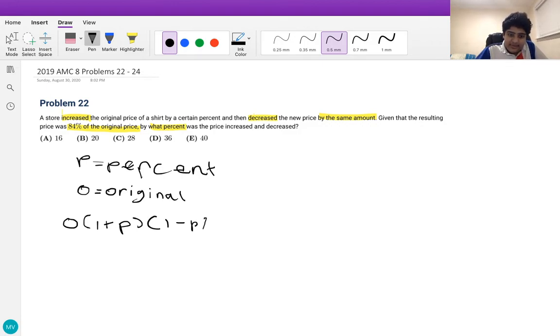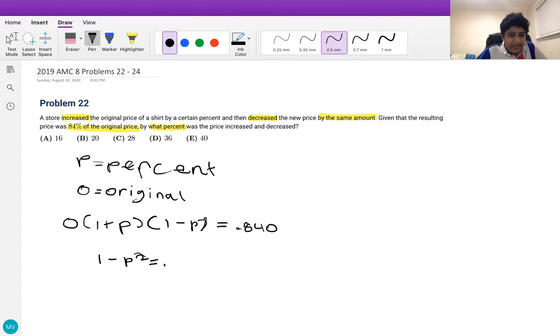And we have that this is equal to 0.84 O. So from this, we can just divide both sides by O and use the difference of squares factorization to see 1 minus P squared is going to equal 0.84.